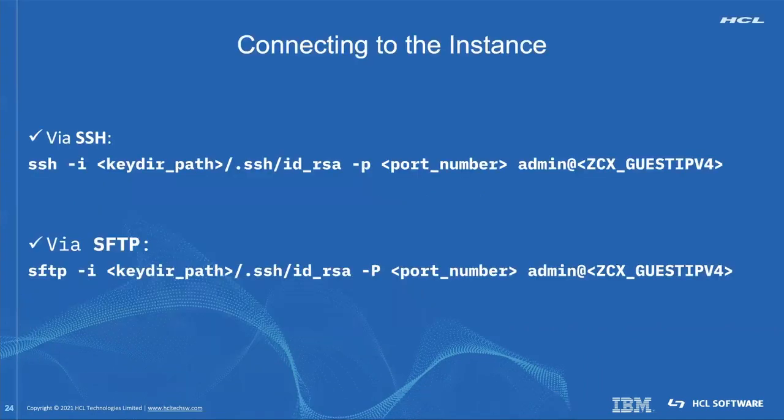So you have basically two ways to communicate with the zCX instance. There is a client where you can specify port number and IP address. This is the way you can start the SSH client on the UNIX console.